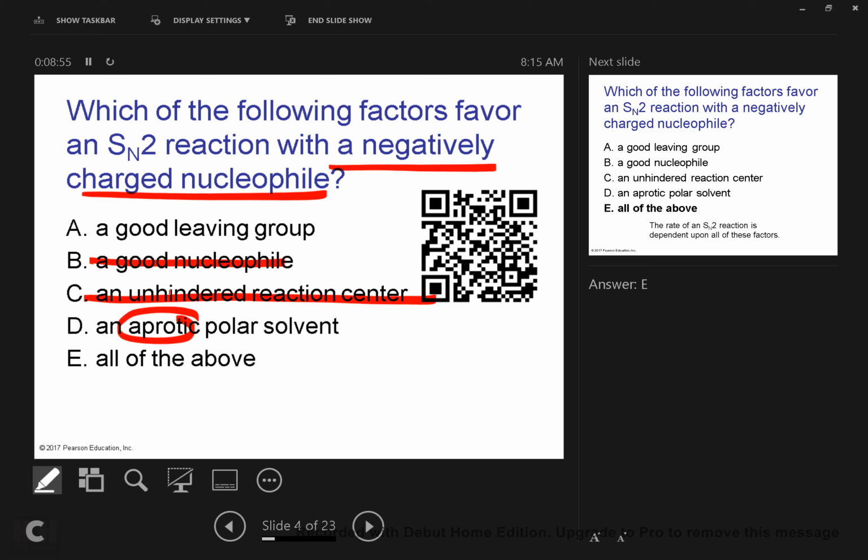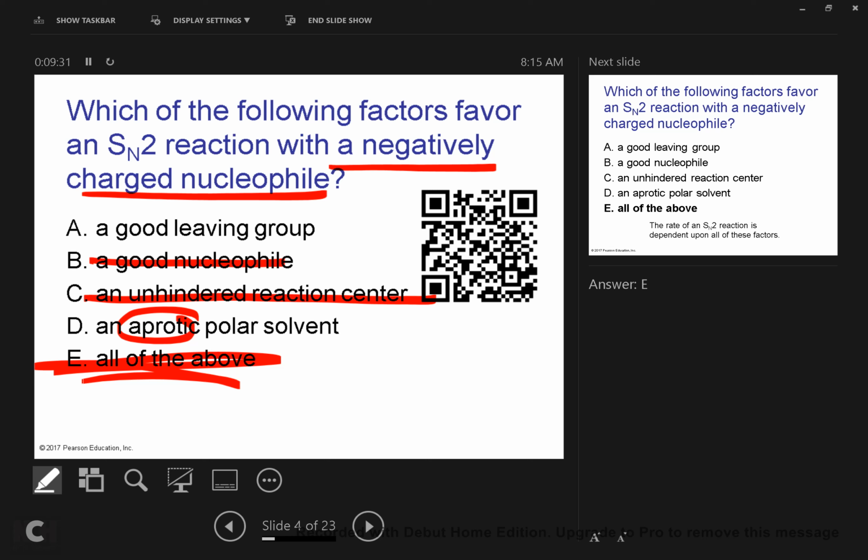Because if you use a protic solvent, it will form ion dipole interactions with the solvent and stop that nucleophile from reacting. So you want to use an aprotic solvent. In conclusion, all of the above will favor an SN2 if the nucleophile is negatively charged. The answer is all of the above.